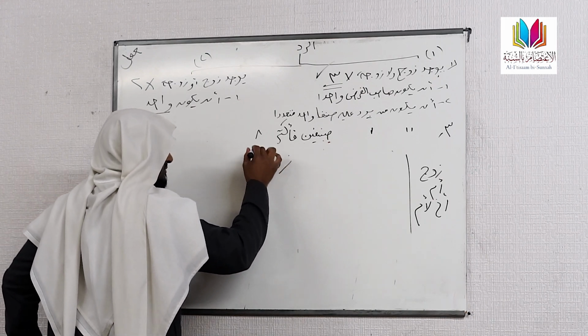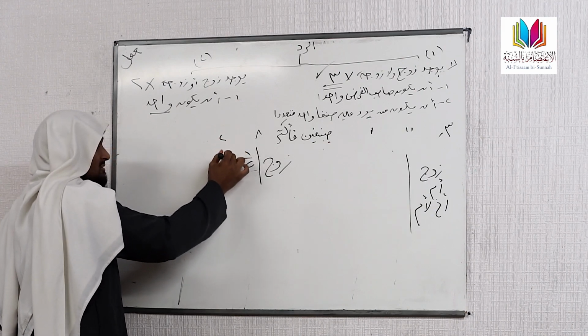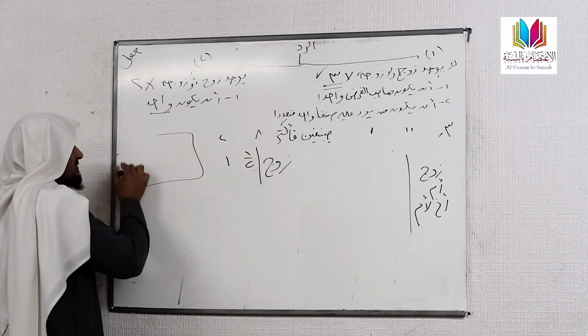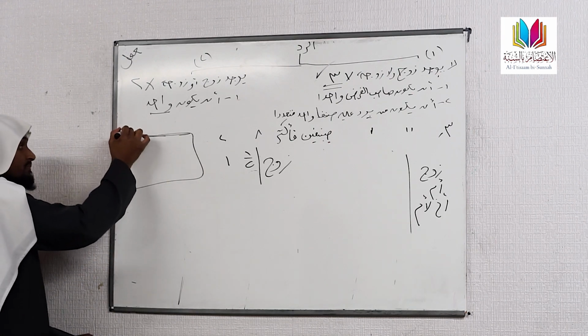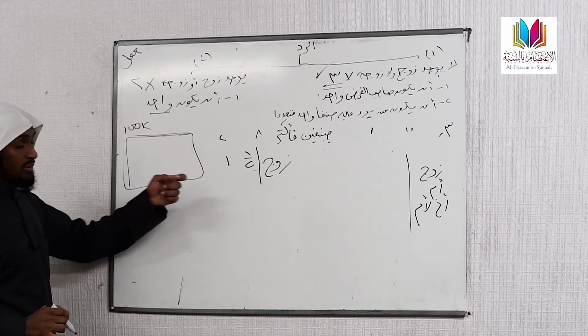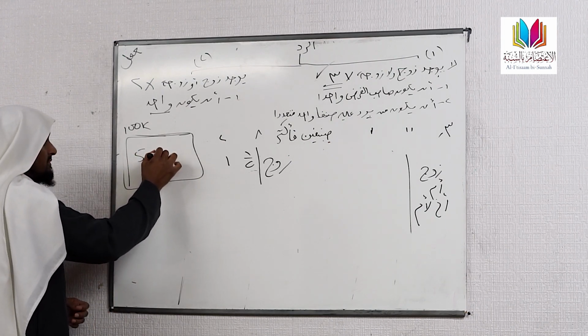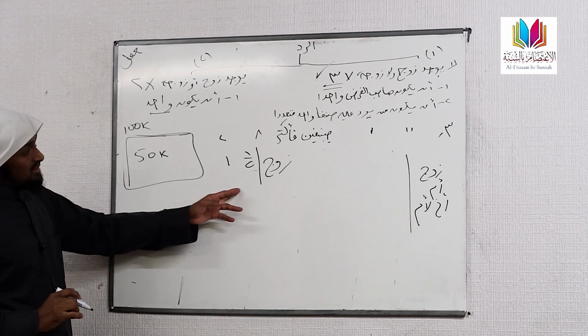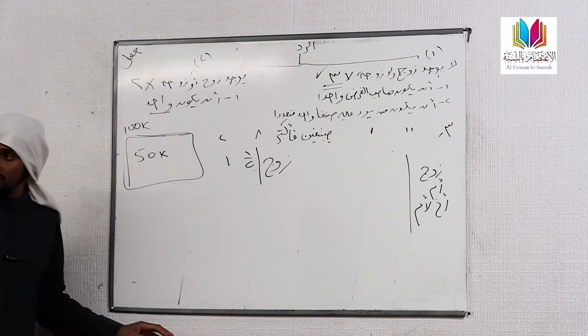Zawj, he gets what here? Nisf. So we're going to give him that. And let's say we've got 100,000 to work with. Right? What we're going to give him? Right. What's left? 50k.